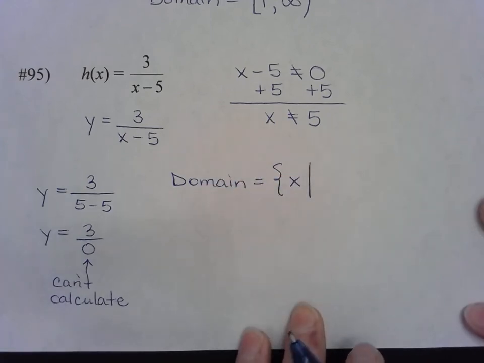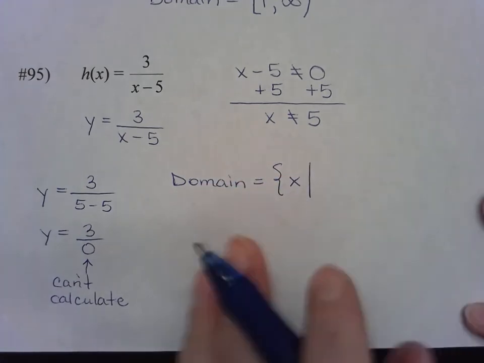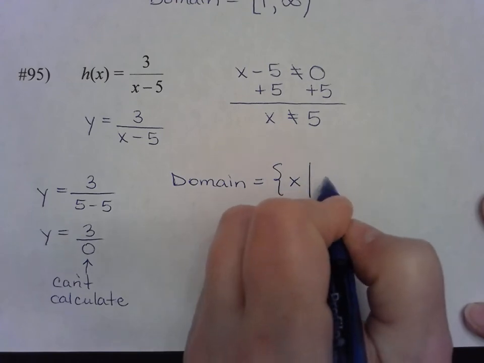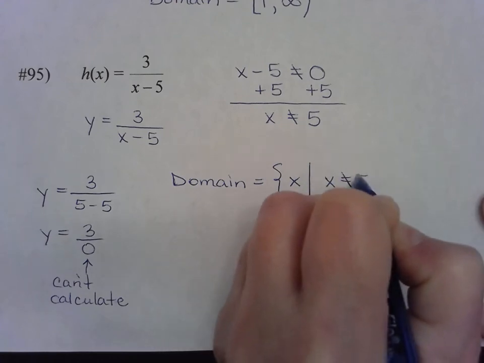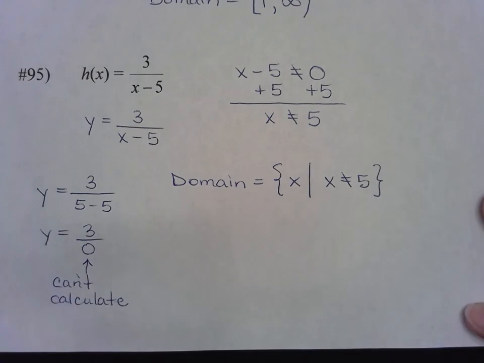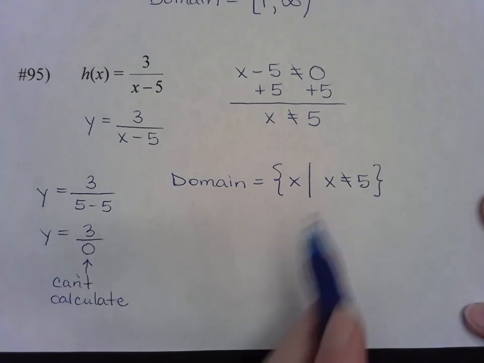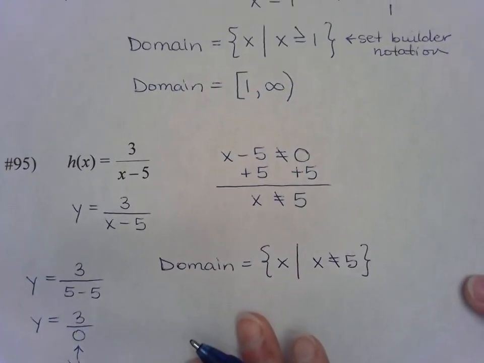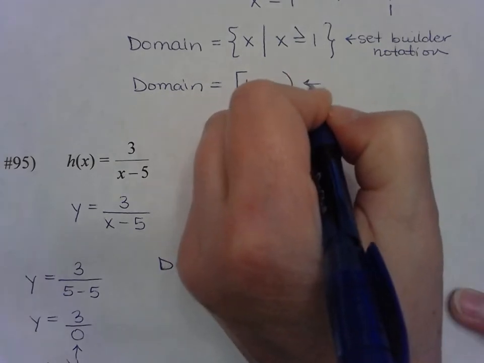I want to include the set of all x, any number I want. My criteria is x can't be 5. So again, that's the set builder notation. I don't think I labeled this one. Can I go back and do that?